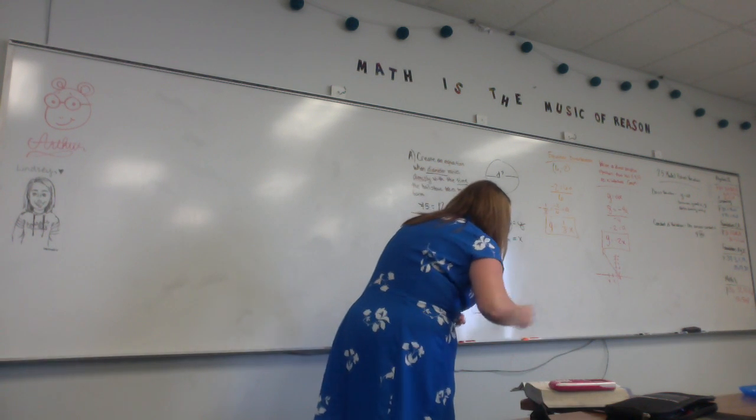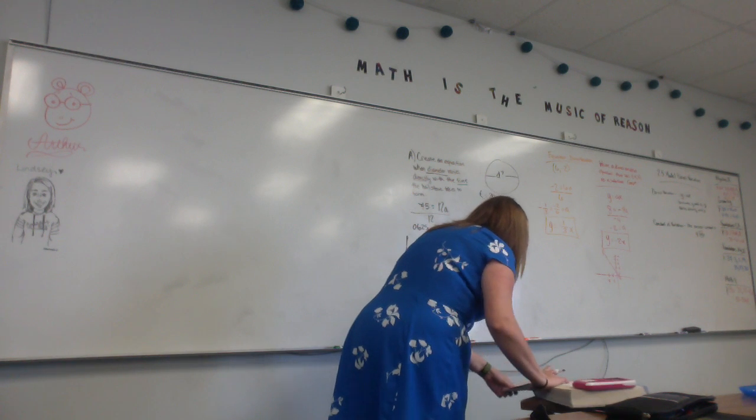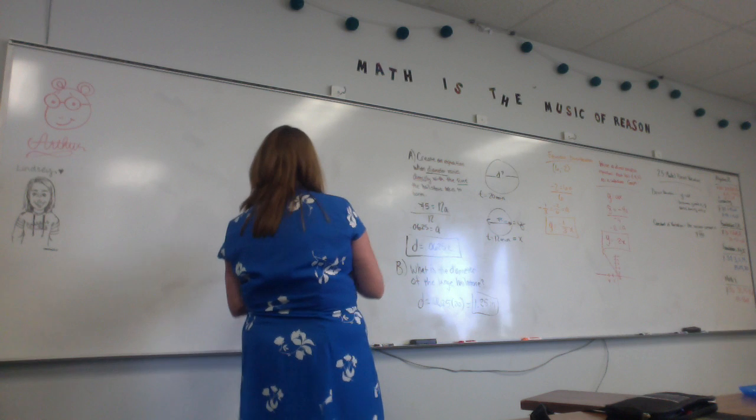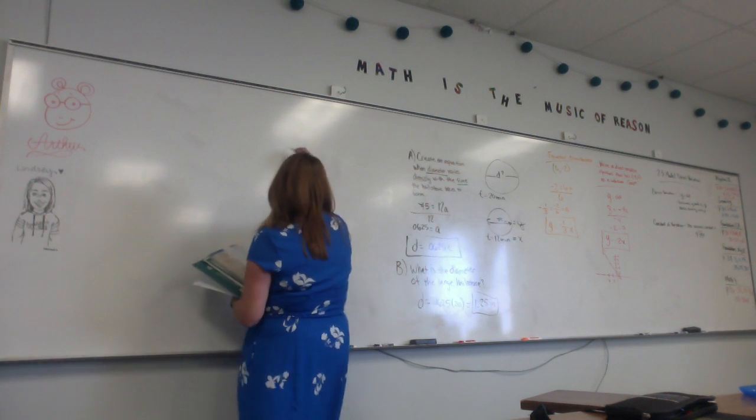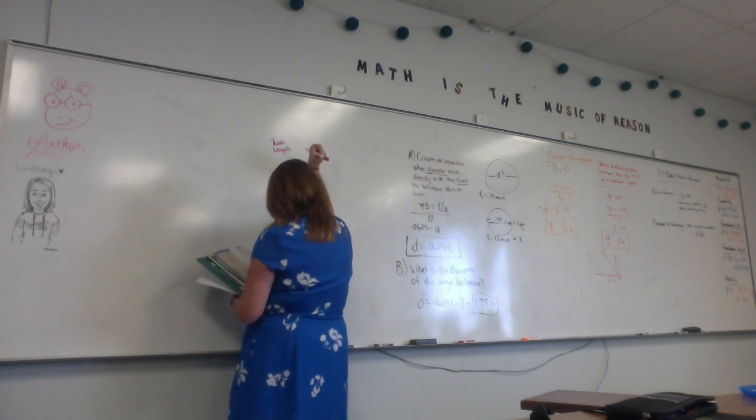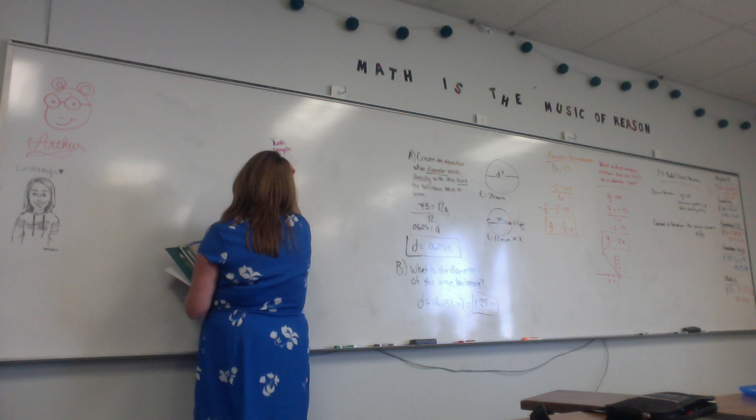Okay, so now it says this. I'll read this whole problem in just a second, but let me write this chart on the board that we need to look at. Tooth length of a shark, and then the body length. We're going to compare these things.